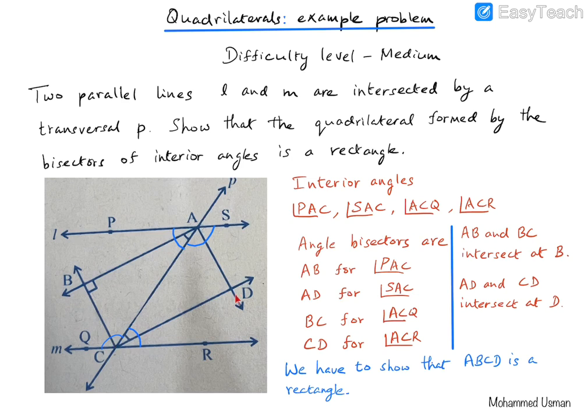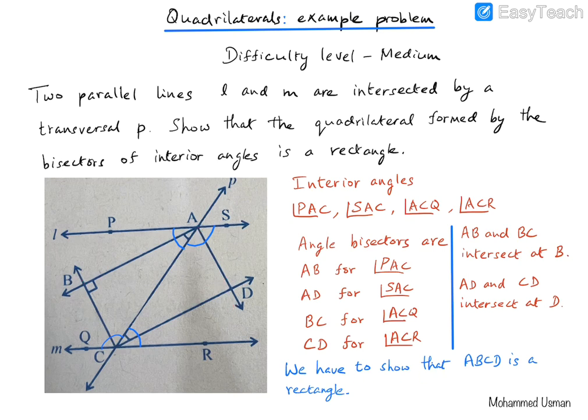So these four lines are the bisectors of the four interior angles for this parallel line configuration with the transversal. And we are to show that these four lines, where they meet at B and D, form a quadrilateral that is a rectangle.